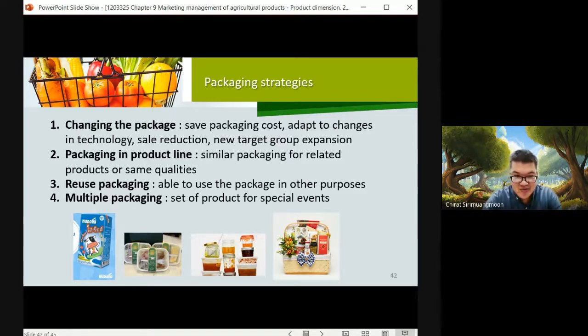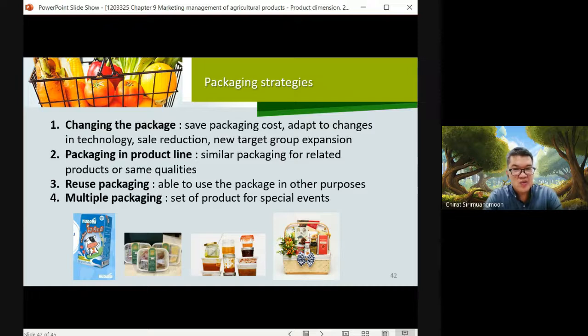So, for example, in your left picture, we have Nong Pho. This is a real case. Around 10 years ago, the cost of milk was pretty high. And then they thought they should make a new market, because just selling raw milk was not good.